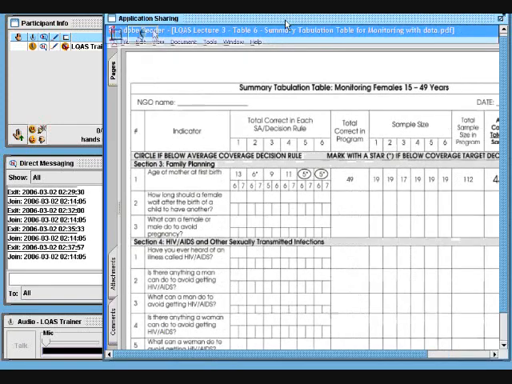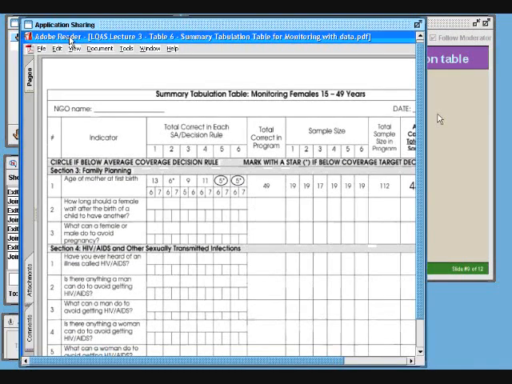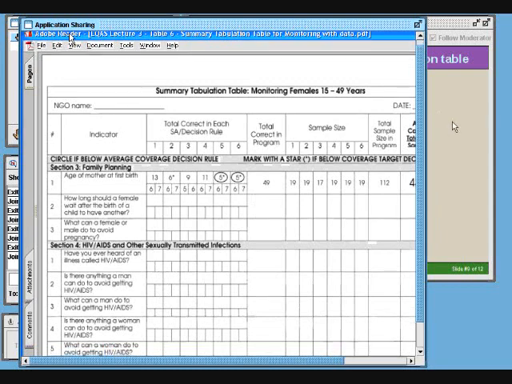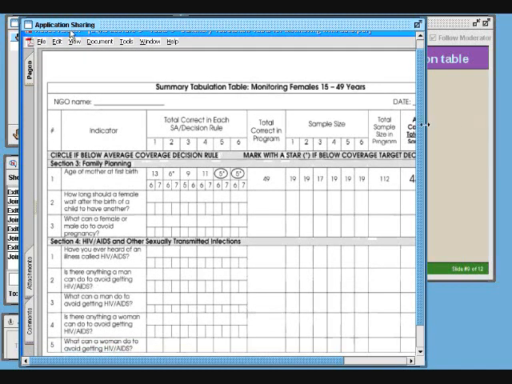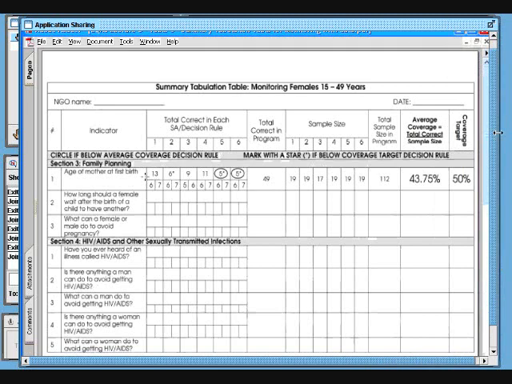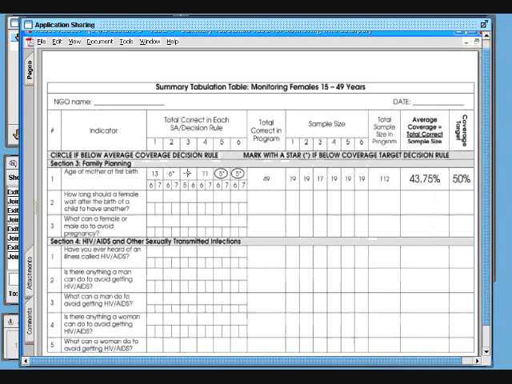As you can see in this particular example with numeric values for a summary tabulation table for monitoring, we have values of 13, 6, 9, 11, 5, and 5 that correspond to the total number of correct responses for this particular indicator, age of mother at first birth, per supervision area.